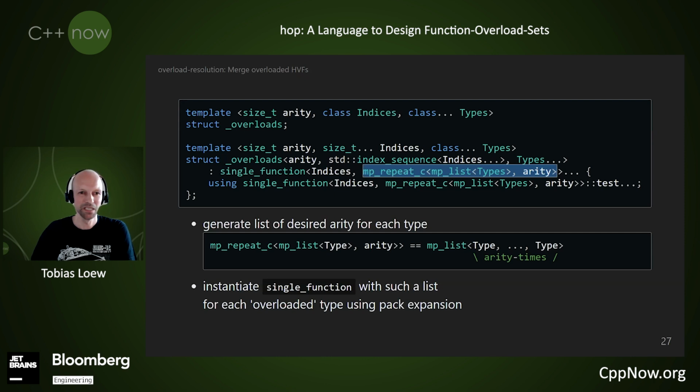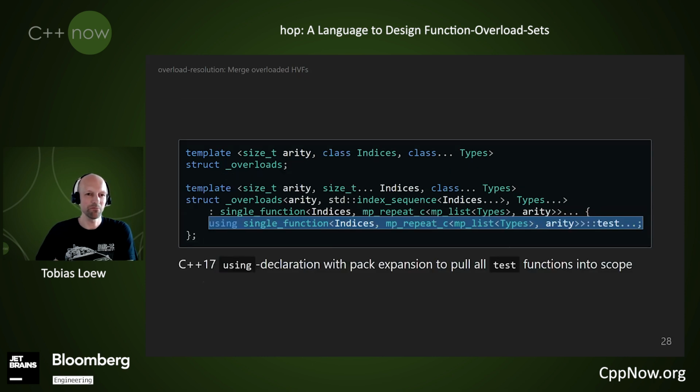Okay. Now let's look at the core of that library. Okay, there's one more thing about this line down here. Here we have this using single function template, and back here we have the test function and 3 dots.